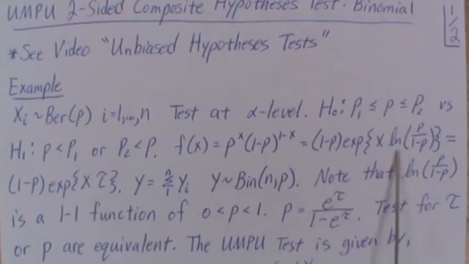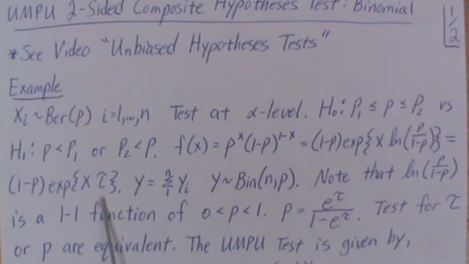Now here, if we call this natural log of p divided by 1 minus p tau, then this is the exponential form. And the test statistic is the sum of the x's. So let's just call it y. And the sum of Bernoullis we know is a binomial in p, sample size n and same parameter p.